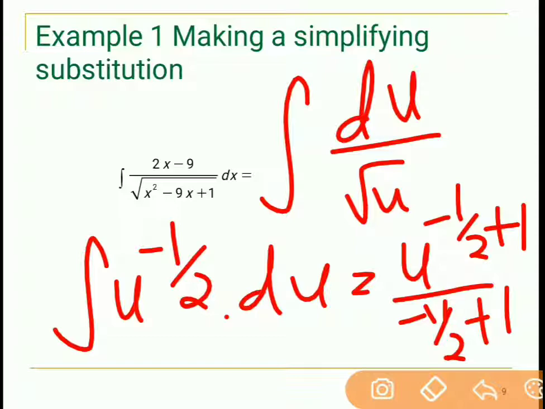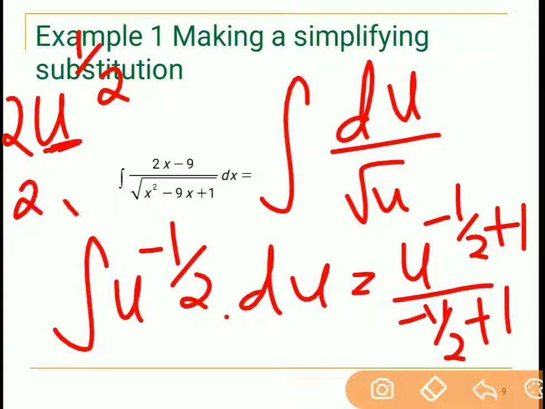So this will get simplified, and you will get the answer as u raised to 1 by 2 into 2. So you will get 2 into u raised to 1 by 2. Now you can replace the u. Replacing the u, u is what? x square minus 9x plus 1. So you will get the answer as 2 times under root x square minus 9x plus 1.